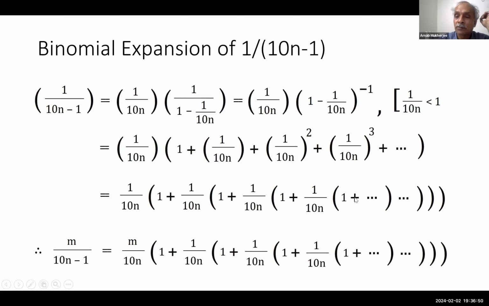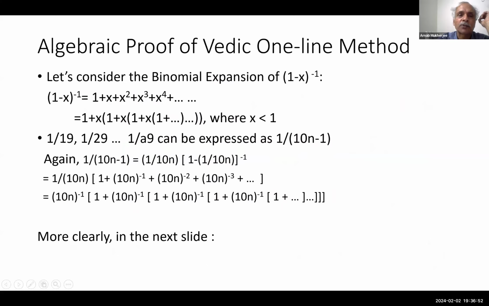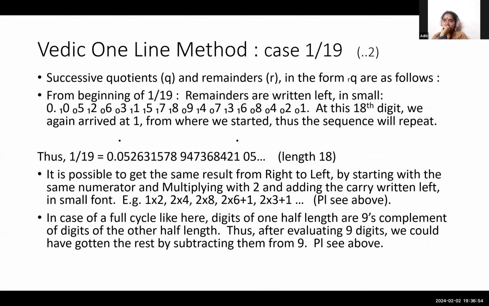So if I go back to the procedure for 19, 1 by 20 is 0.05. But this is about the first term, and that is actually the most important. I divided by 2 here.